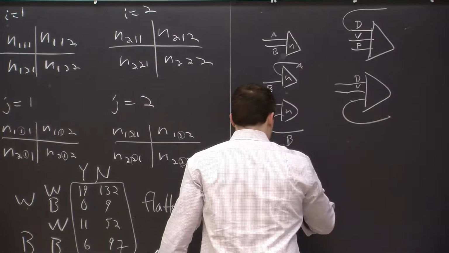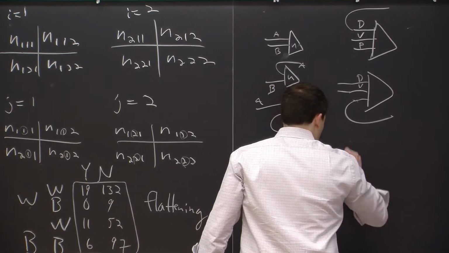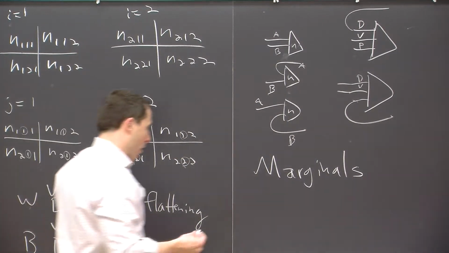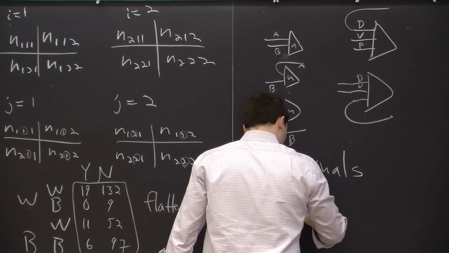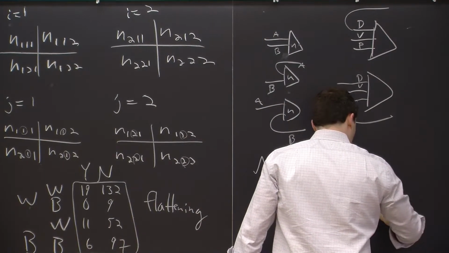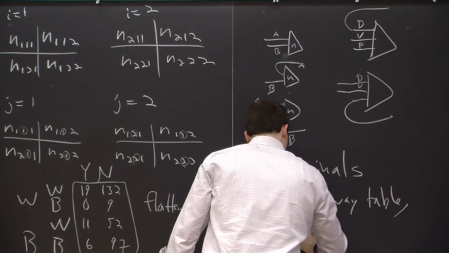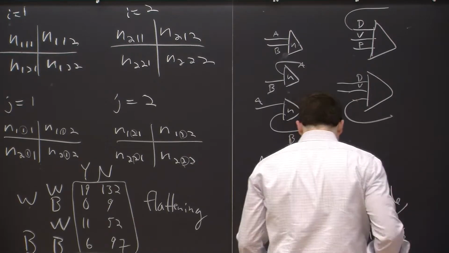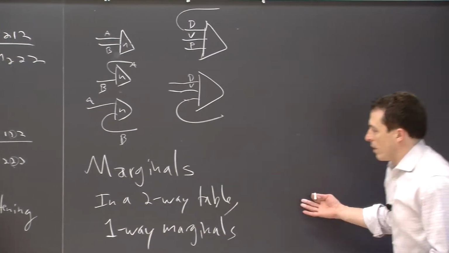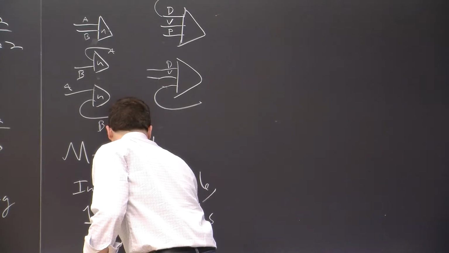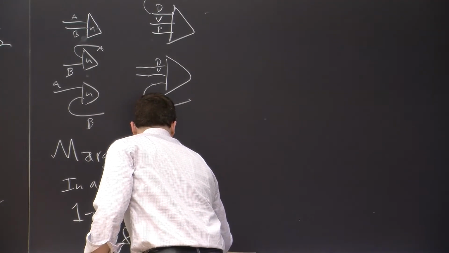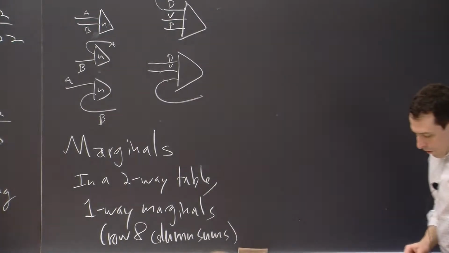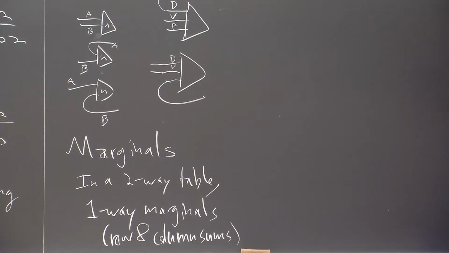So there's marginals. In a 2x2 table or a two-way table, we have one-way marginals, right? These are just called the row and column sums. So in a multi-way table, in a three-way table, we still have one-way marginals.